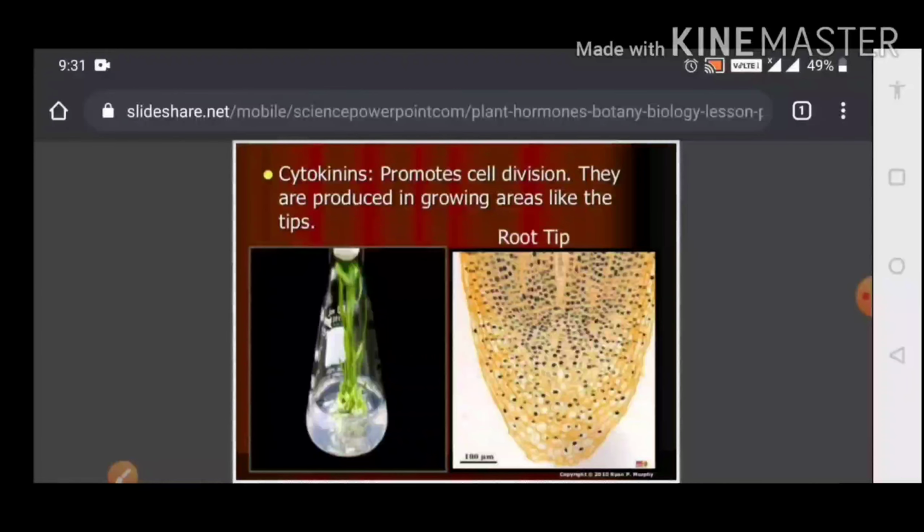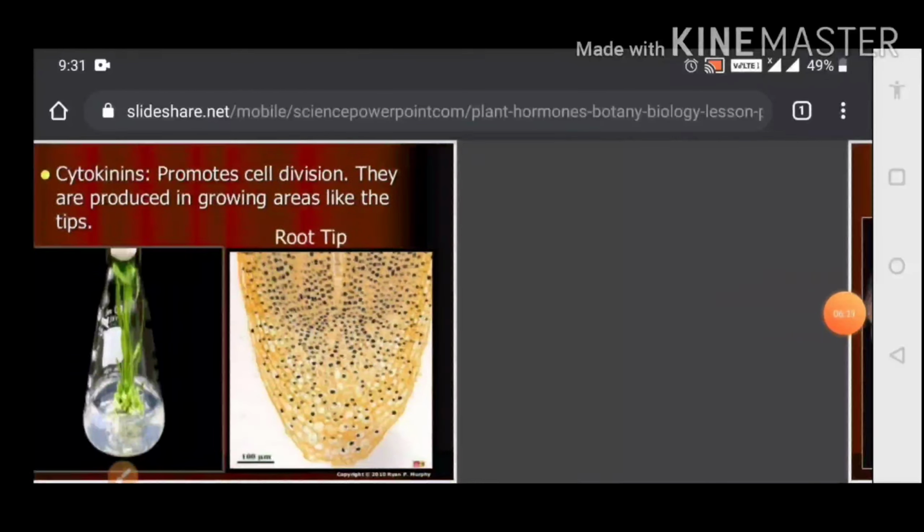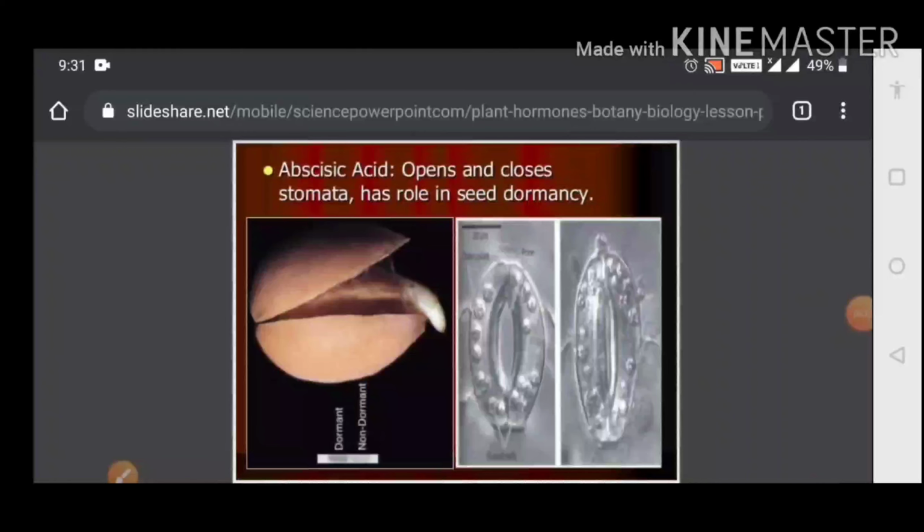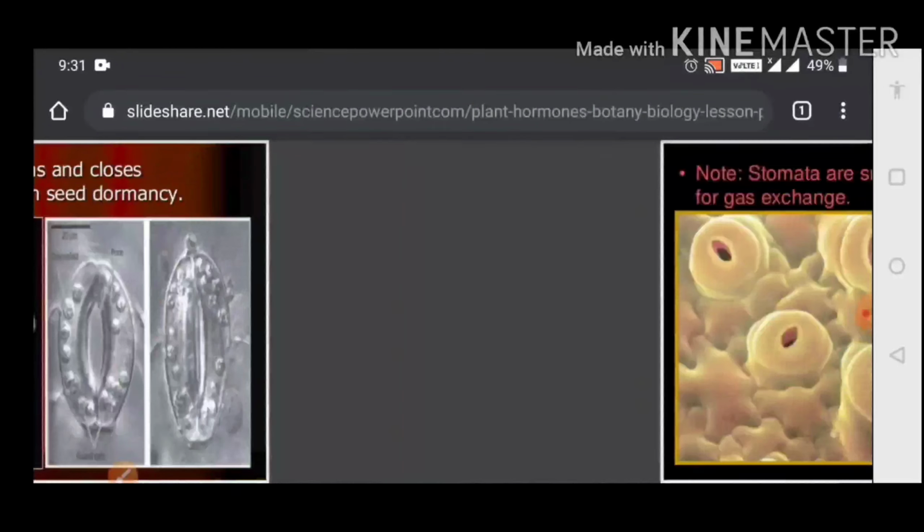Next hormone is cytokinin. Cytokinins provide cell division, as the name suggests. Cyto means cell, kinin means division. So these cytokinins promote or stimulate division of the cells. The next hormone is abscisic acid. Abscisic acid opens and closes stomata, and it also has a role in seed dormancy.